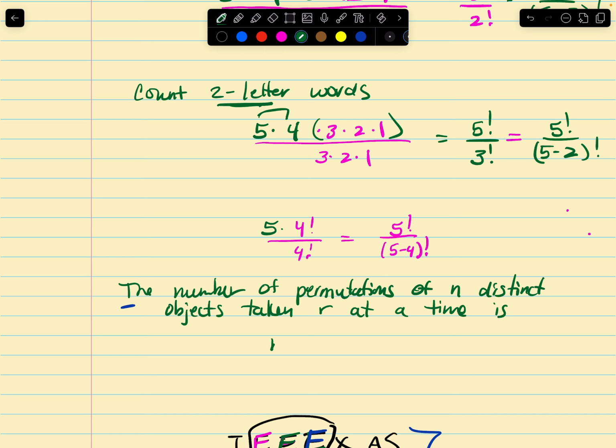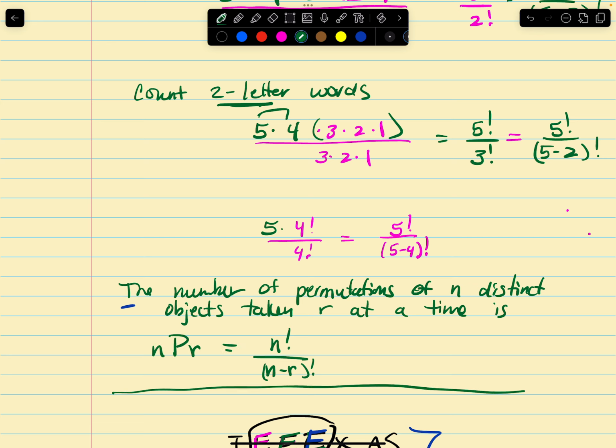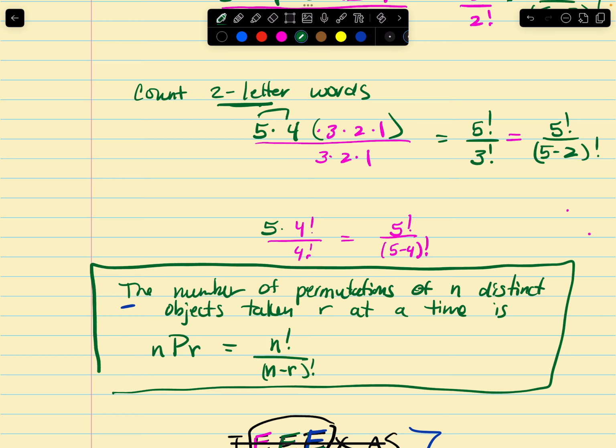It is n factorial over n minus r factorial, right? We do r steps, and then what's left in the factorial is n minus r. So this is called a permutation of n distinct objects taken r at a time. We might write it as nPr, and that is the notation that we will work with many, many times in probability.